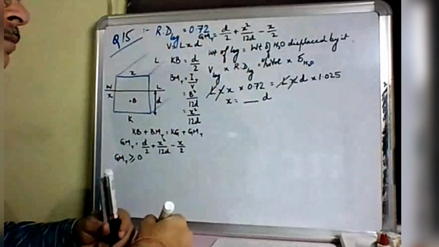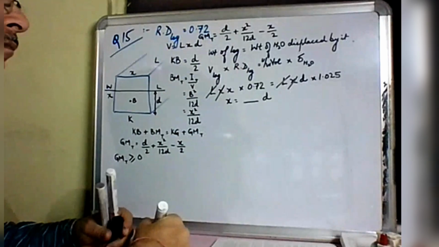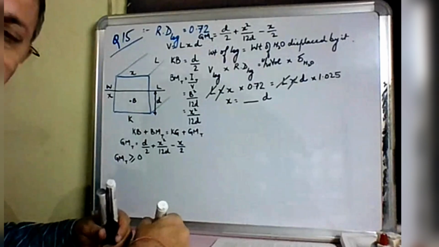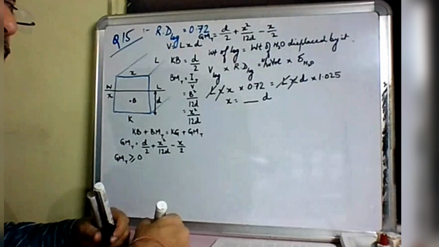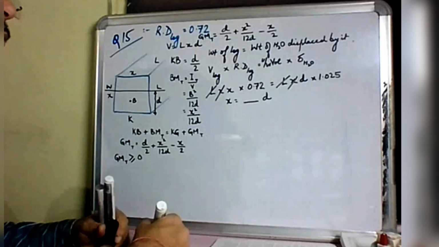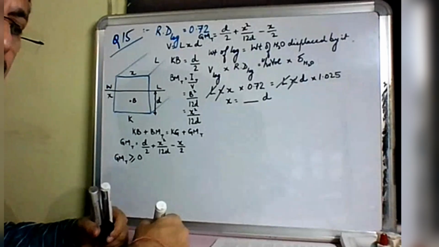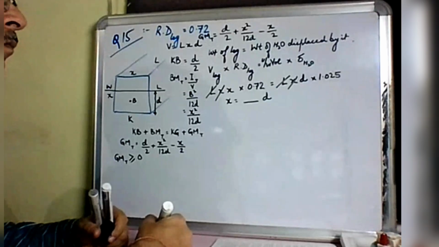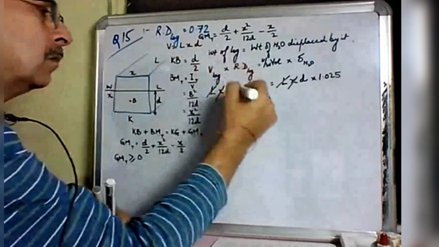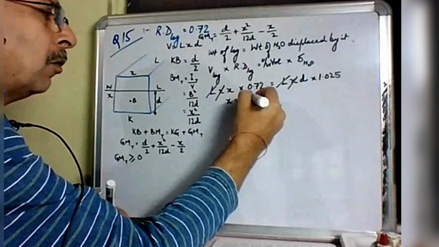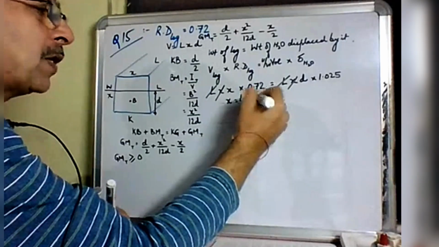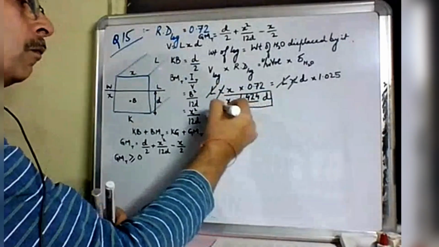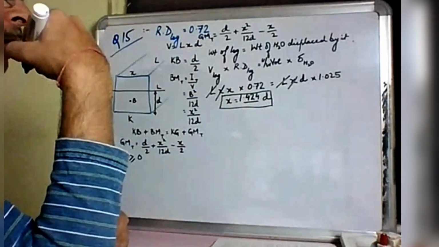Find out that something. वन हाँ जी, 1.4236. 4236 को मैं 4 कर देता हूँ तो 1.424 d. ये मेरी सेकंड इक्वेशन आ गई with relationship between x and d.